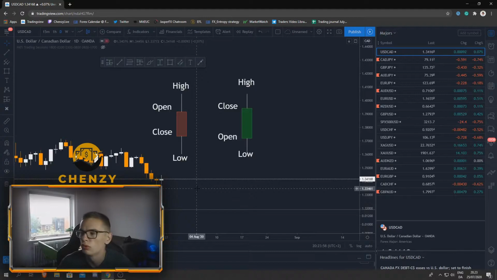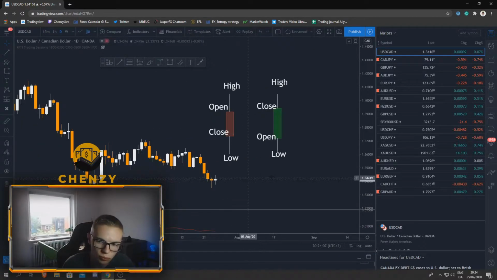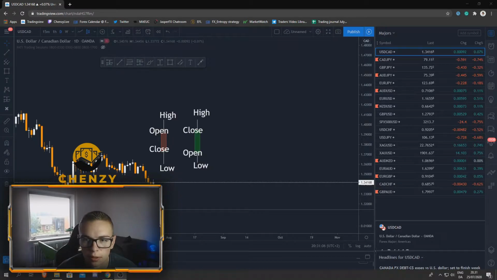Okay, let's go over a few candlestick formations that we can use in our trading. I first want to talk about the hammer, which many people use as a way to identify a reversal or retracement in the trend.